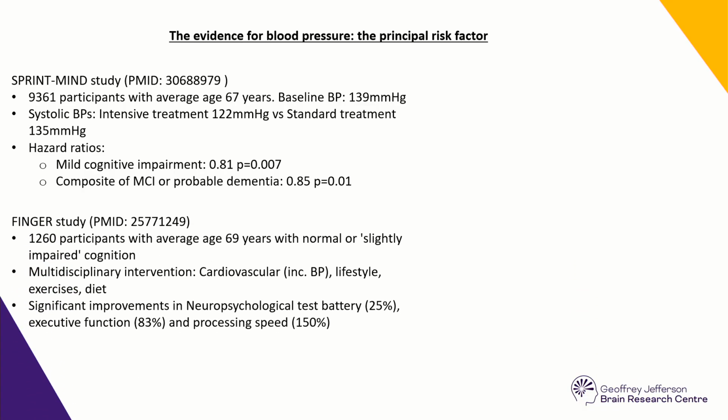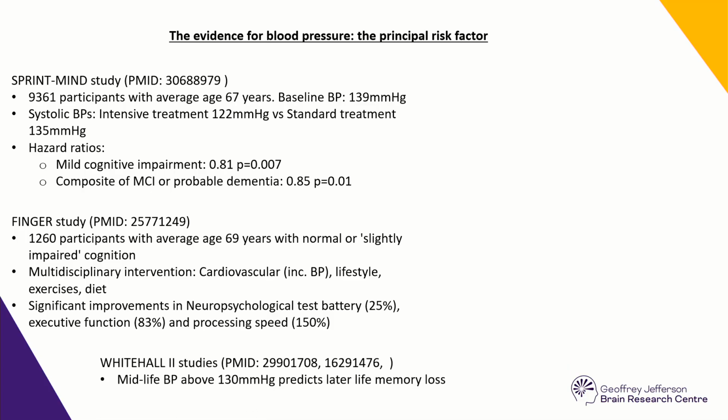Here's another study from the Lancet, the FINGER study. This one's a multidisciplinary study focusing on cardiovascular disease. And when they did that, including lifestyle, exercise, and diet, again, you get a 20% reduction in functional disorders. And if you look at the longitudinal studies, like the Whitehall study, it's extremely clear.